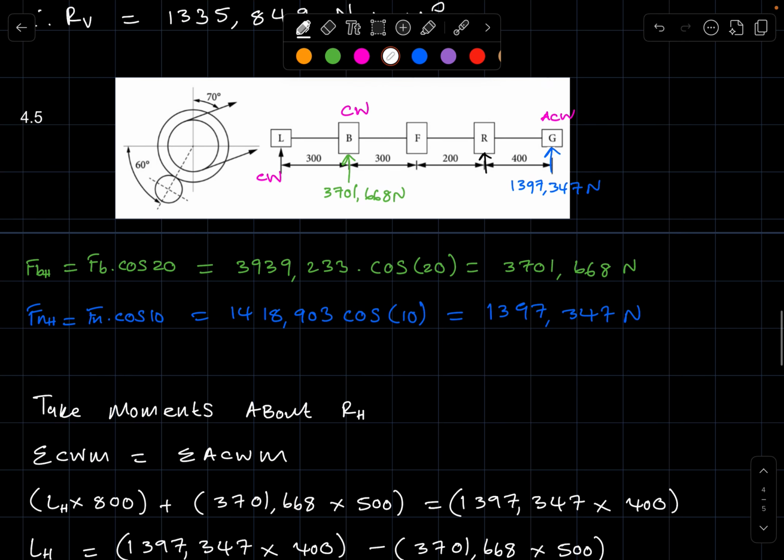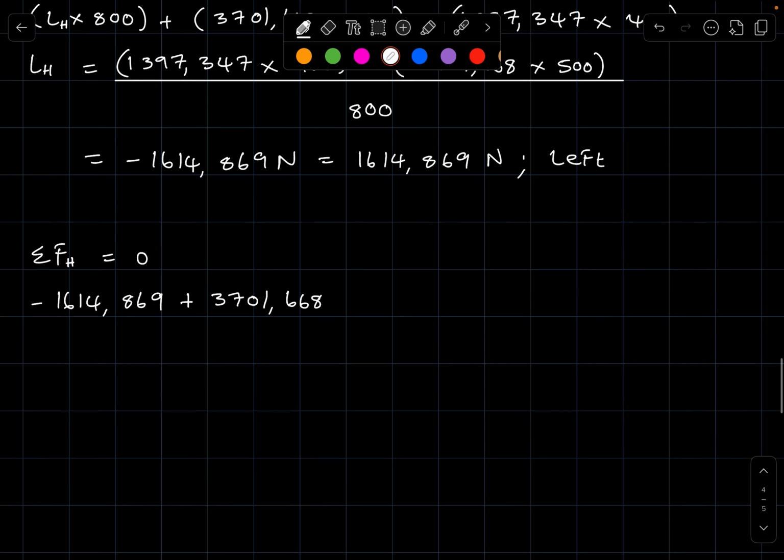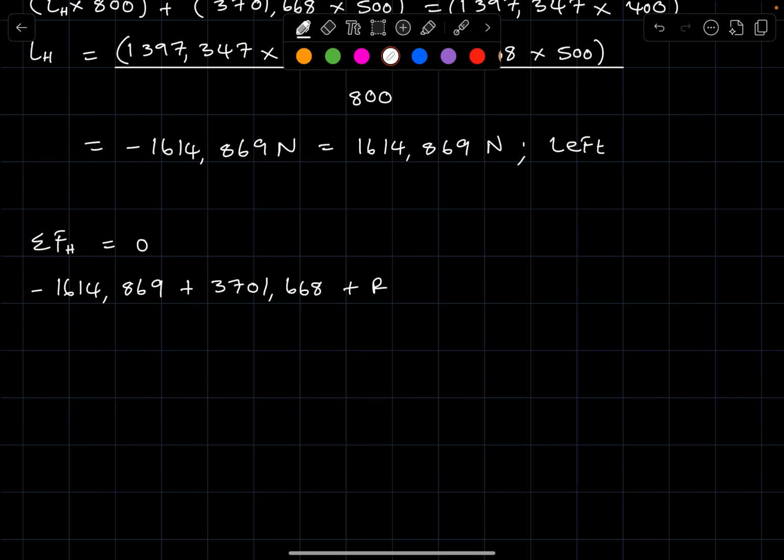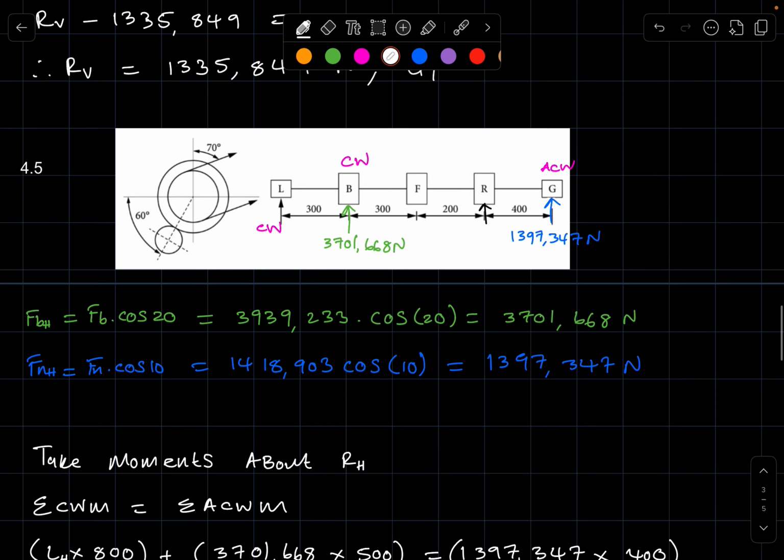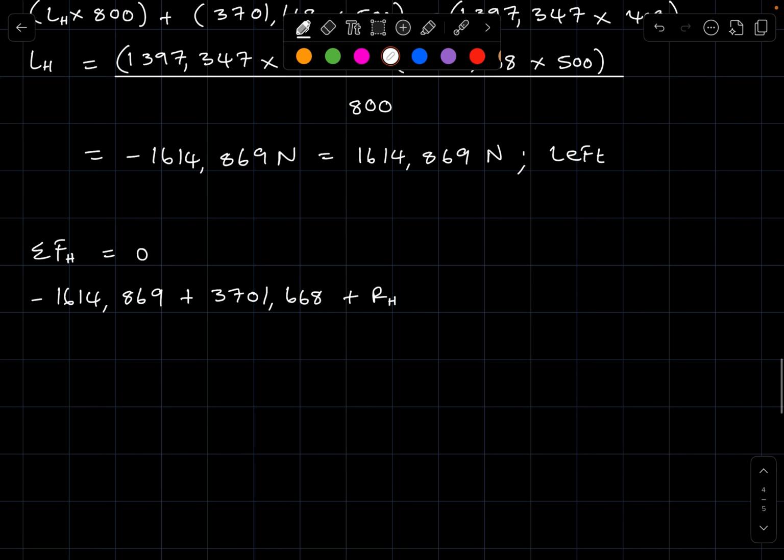And then we have the right-hand bearing RH, which initially we assume is heading right, the positive direction, so plus RH. And then we have this component, which is also heading right, so plus 1397,347, and all this is equal to 0.